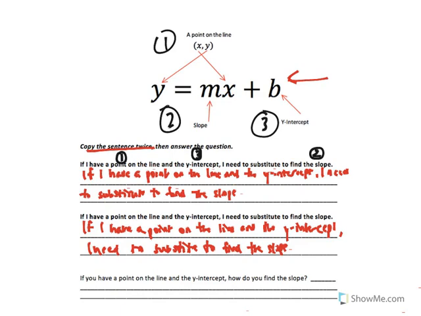So if I have a point on the line, and I have the y-intercept, how do I find the slope? I need to substitute to find the slope.